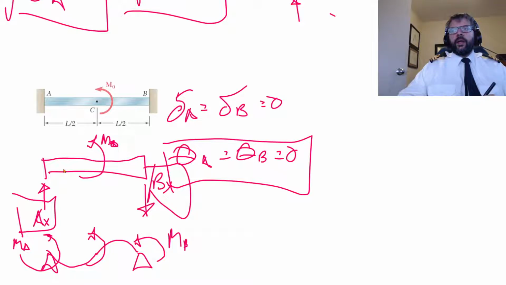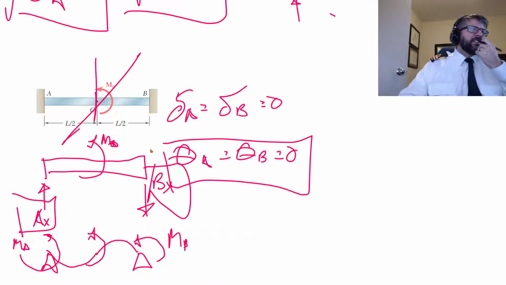Then we can also expect that MA and MB need to be equal to one another too, because in this situation, it's symmetrical. It's not symmetrical about this axis, it's symmetrical about that plane. So our MA and our MB need to be equal to one another too.